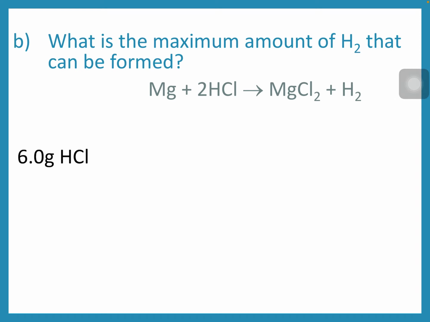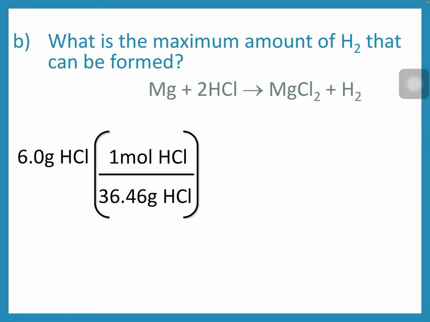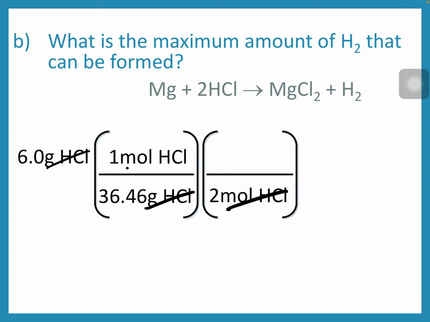So for the maximum amount of hydrogen, starting with the 6 grams of hydrochloric acid, converting that with its molar mass to its number of moles, then using the mole to mole ratio from my balanced equation. So moles of hydrochloric acid are 2, and that's going to go on the bottom so that I can cancel my moles of hydrochloric acid. Hydrogen is what I'm looking for, and there's 1 mole of hydrogen, and then my molar mass for hydrogen.